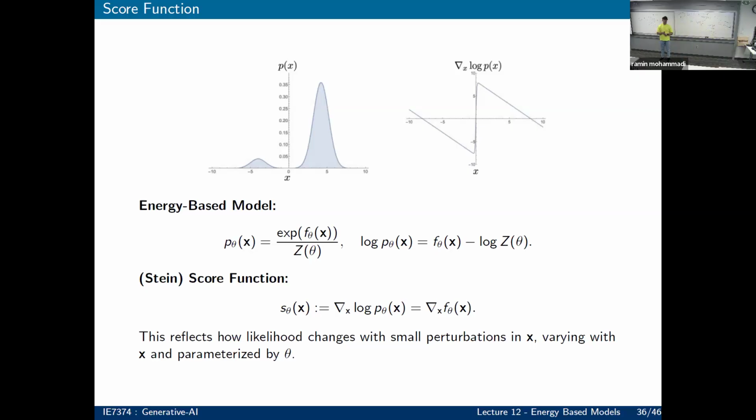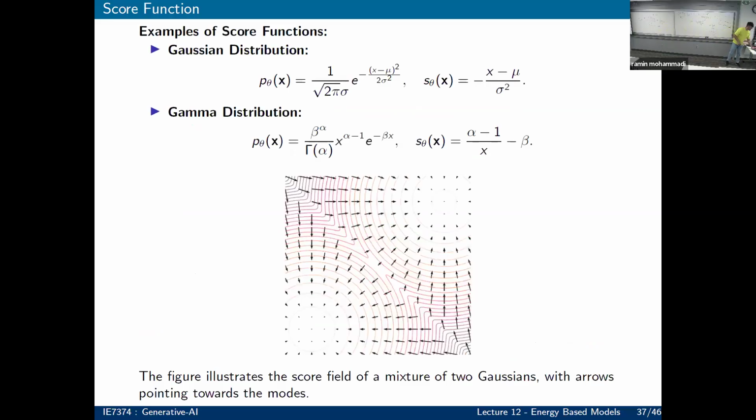If S theta has a high score as a prediction, high score means what? In the vector field, it means you are in the region of the two corners, right? So if you are in these two regions, two modalities, you get a higher score. Your gradient becomes small.